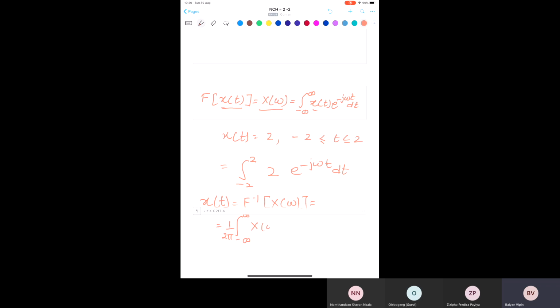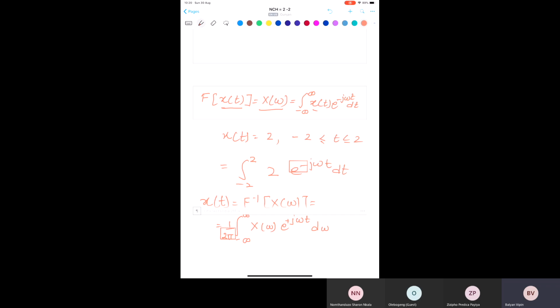X of omega will come here, e raised to the power j omega t. There's a plus sign here, if you see, as compared to the negative sign here. And then you are integrating it with respect to omega. So that's the only difference: that 2 pi will come here and a positive sign will come here. So this is what you do to find the inverse Fourier transform of any signal given to you.